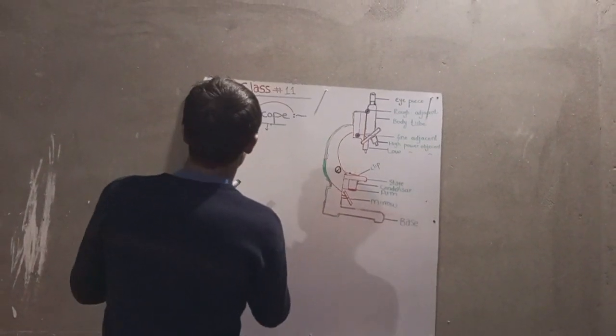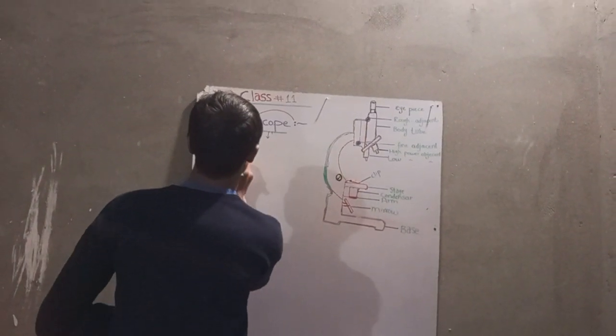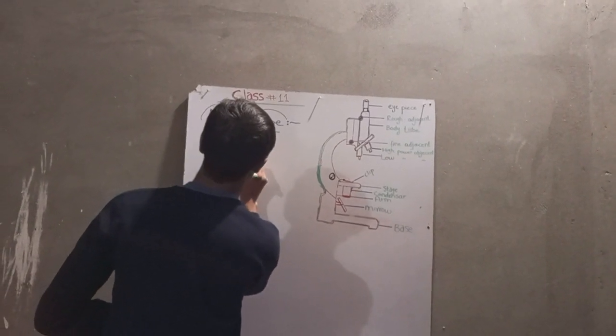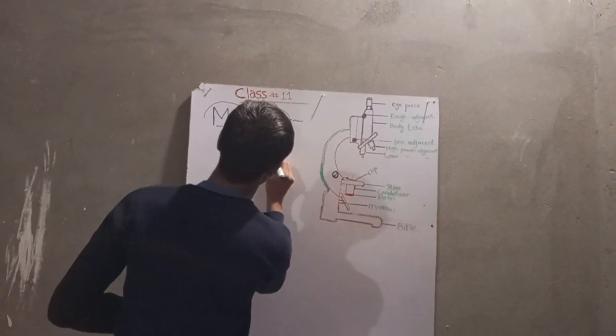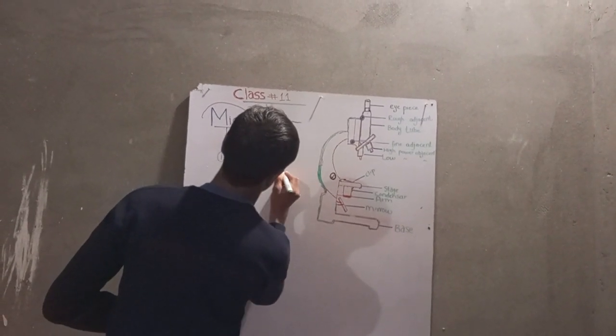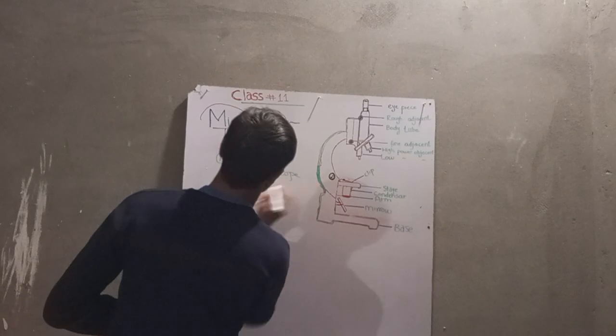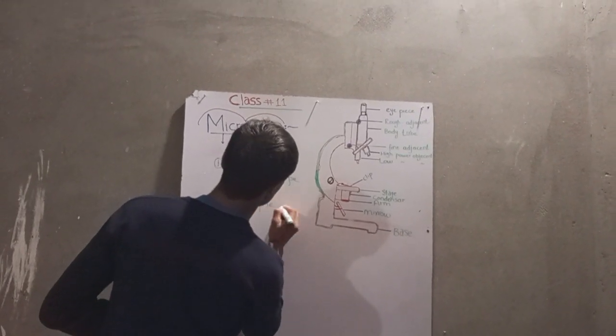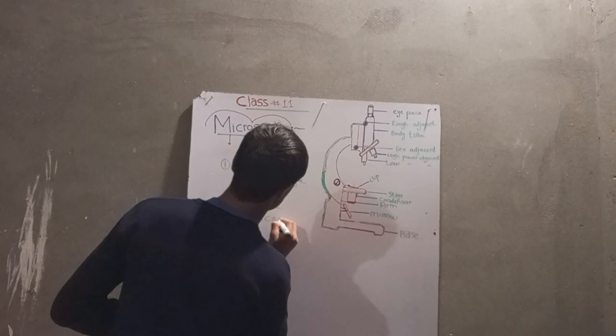Number two, there are many types of microscope, but here we will only discuss two. Number one is compound microscope. Number two, simple microscope.